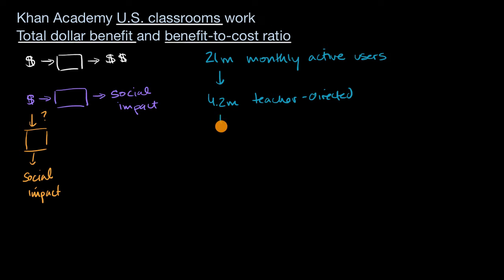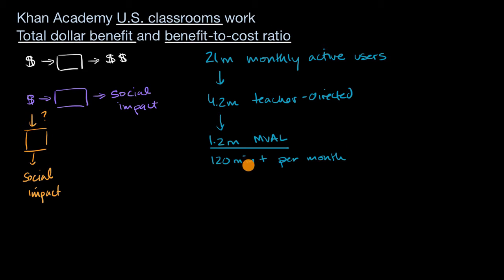Now, of those 4.2 million, 1.2 million are what we call monthly very active learners, or you could say MVAL for short. And what's interesting about MVAL is that this threshold of usage, which is 120 minutes or more per month, has been associated through multiple efficacy studies with greater than expected learning outcomes.